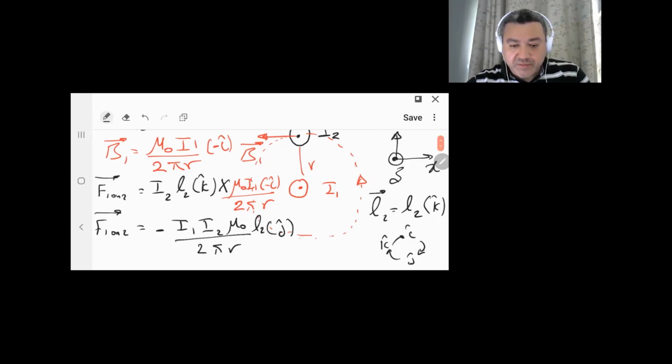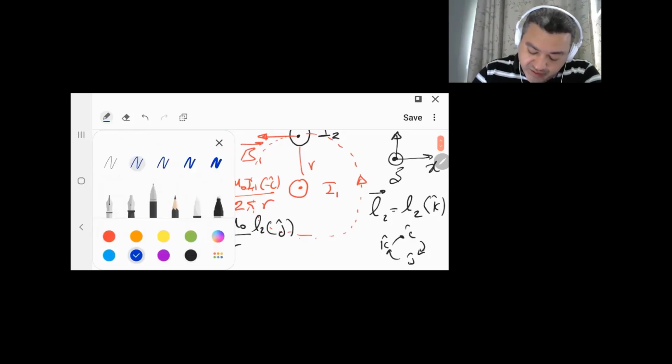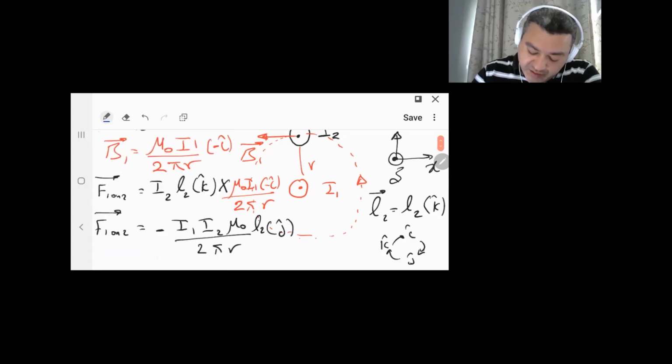Notice that the induced magnetic force is in the negative y axis. So if I am to draw this now in blue, then this one would be F1 on 2.